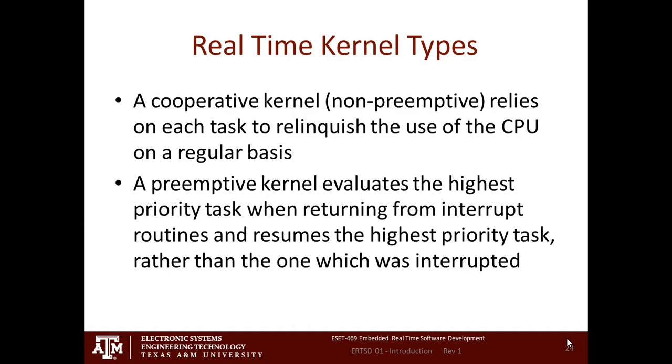The default with the TI-RTOS on the MSP 420, which we're using, is every millisecond. So 1,000 times a second, this timer interrupt goes off and gives control back to the kernel, and the kernel says, which tasks do I have that are ready to run, and which ones are the highest priority?